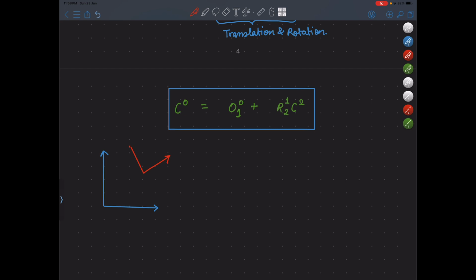So this is x1 y1 o1 and this is x naught o naught y naught, and this has rotated by theta. Because there is no intermediate frame, we can directly write C naught equals O1 naught plus R1 naught C1.